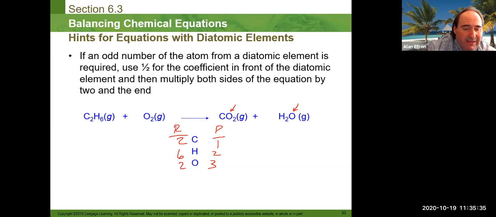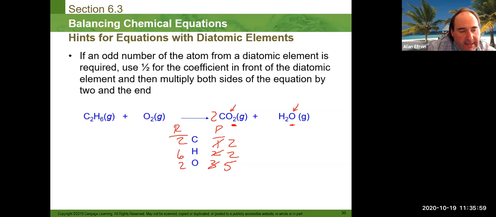So probably the easier approach here would be to fix the carbon. We can fix the carbon pretty easily by putting a 2 in front of it on the right-hand side. That gives me 2 carbons, still 2 hydrogens. Now, in terms of oxygen, I do have 4 here, and one more makes 5. So we fixed the carbon.